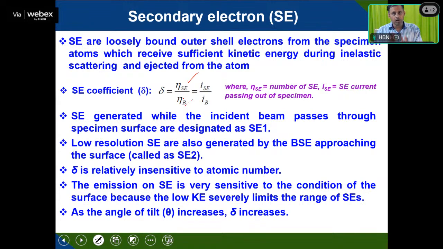The secondary electron can also generate another secondary electron, which will be of low resolution. SE can produce backscattered as well as SE1, SE2, different types of secondary electrons. And here, as the angle theta increases, because of the increasing tilt angle, your coefficient will again decrease.